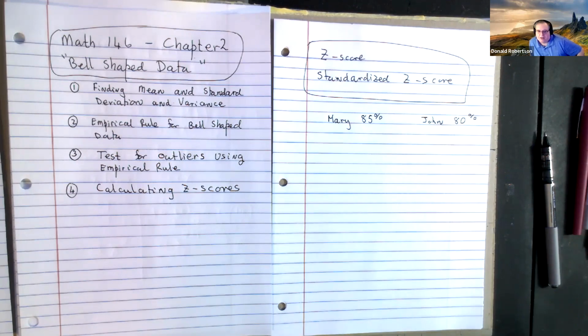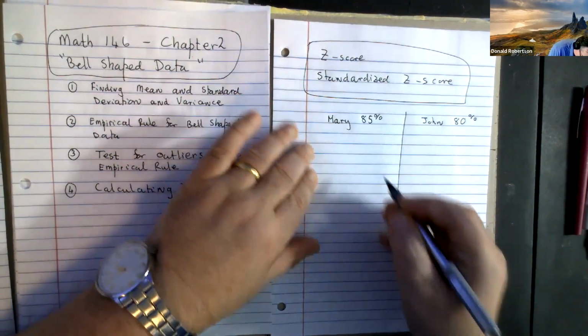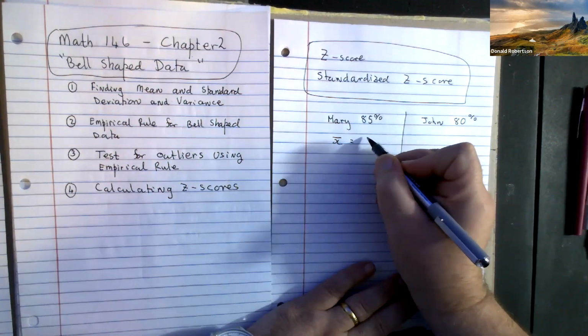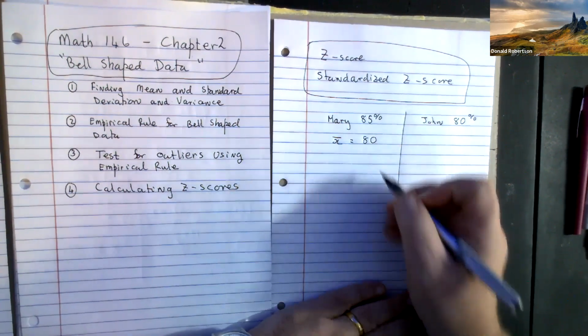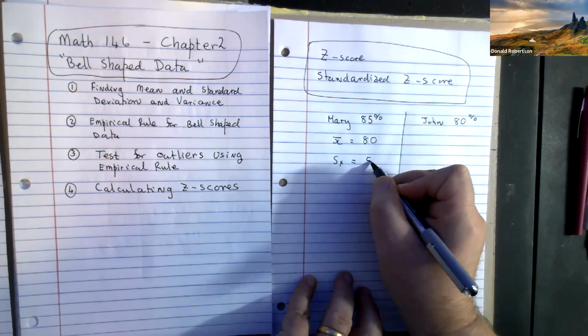But let's put some reality into it. Mary was in a class where the average score that students got was 80, and the standard deviation in that class was 5.